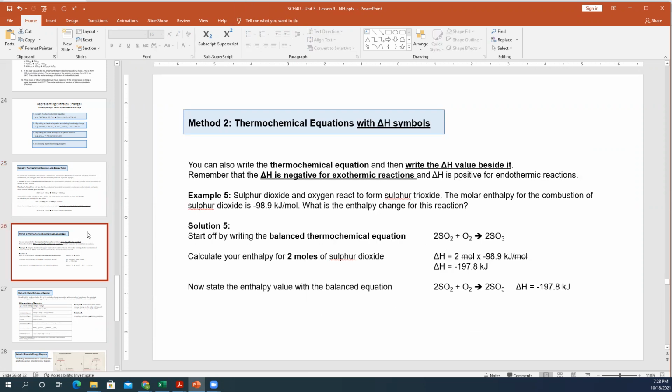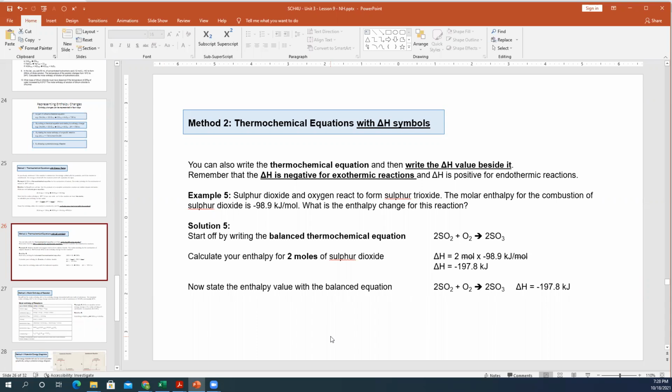The second way you can write the thermochemical equation is by not writing that delta H value as a part of the equation, but writing it on the side using the delta H symbol. You can write the delta H value beside it on the right side. Again, remembering delta H is negative for exothermic reactions and positive for endothermic reactions.